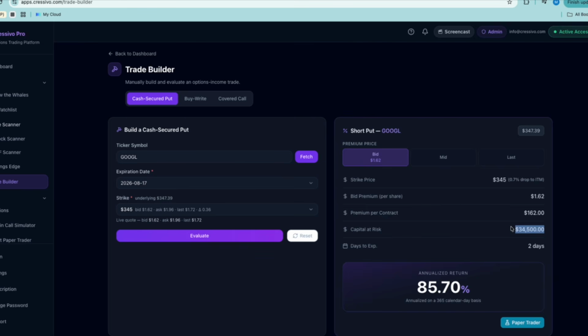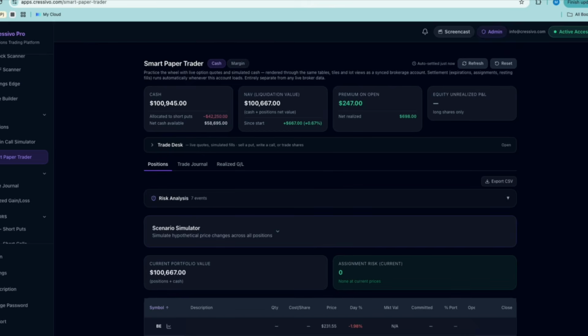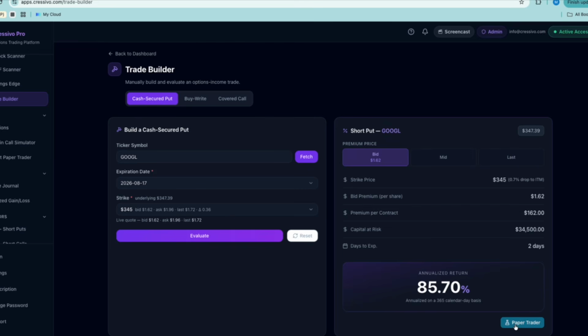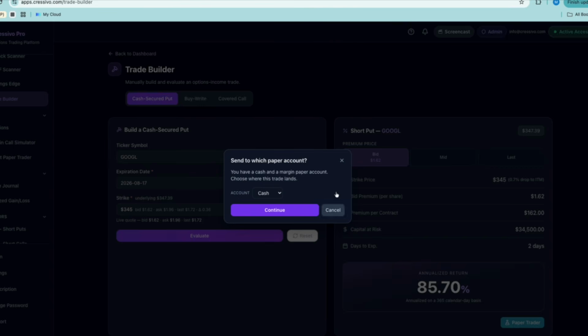No exaggeration. Now, also, I told you that you can practice these trades without even using your real capital. The app has an amazing module called Smart Paper Trader, and you can use that on a cash basis or even on a margin basis to learn how to use margin more effectively as well. So for example, if we go back to that Google trade, we can click this button and send it right to the Paper Trader account.